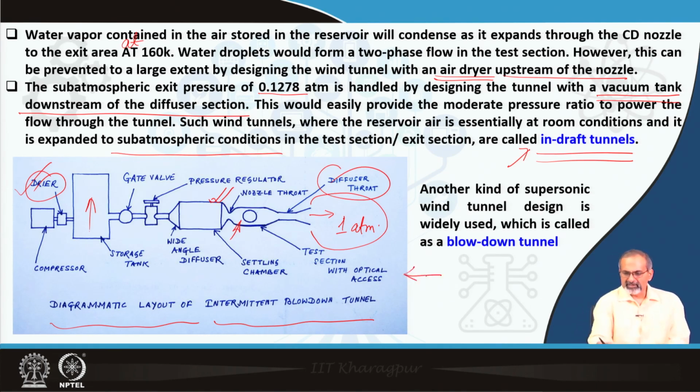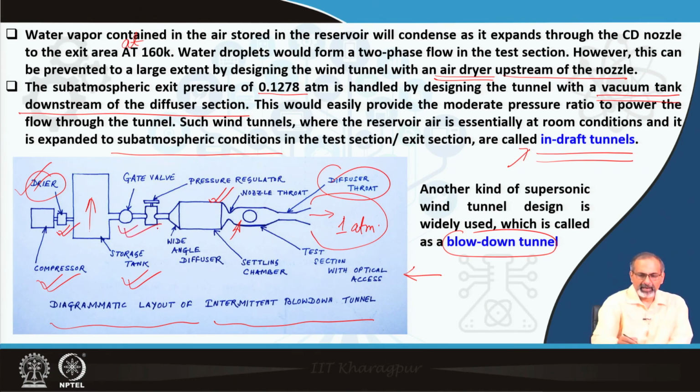Now, this is typically a blow down supersonic wind tunnel, and the sketch shows the different components. You have a compressor over here, because you have to store air at pressures much above atmospheric pressure. You have a storage tank where this high pressure air is stored, and before you get it to the storage tank, you dry it out.